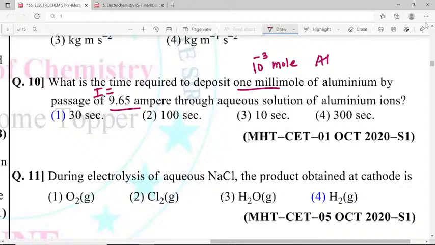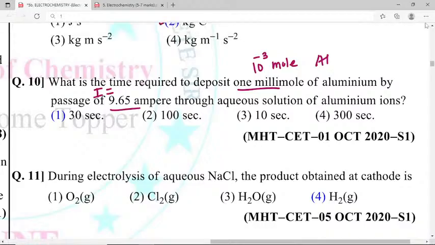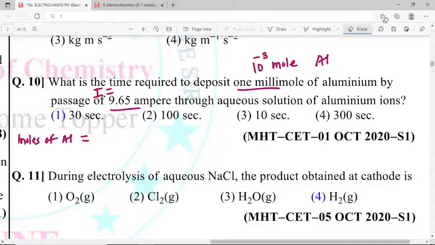The number of moles of aluminum is equal to current in ampere multiplied by time in seconds, this whole divided by 96500 coulombs.